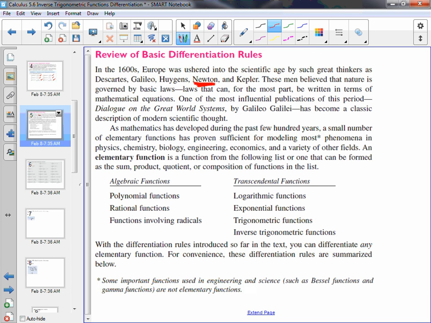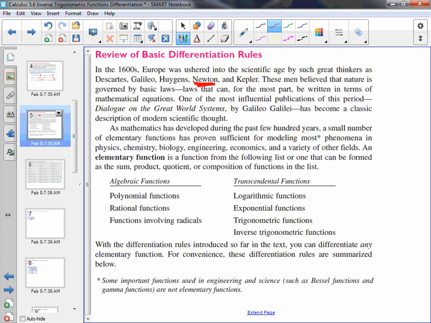As mathematics has developed during the past few hundred years, a small number of elementary functions has proven sufficient for modeling most phenomena in physics, chemistry, biology, engineering, blah, blah, blah. I like the fact they call these elementary functions. Everything you've ever done in math, mathematicians consider that to be elementary.